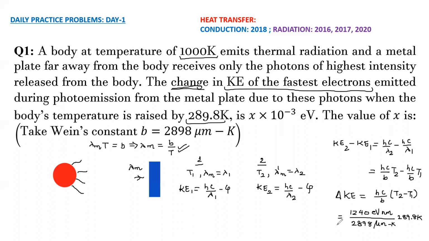So ultimately, the change in kinetic energy which we need will come out to the following. Delta KE is equal to, so you can easily see that it will be 124 times 10 to the power of minus 3, because nanometer by micrometer is 10 to the power of minus 3. So x that we need is indeed 124. The value of x that we need is 124.